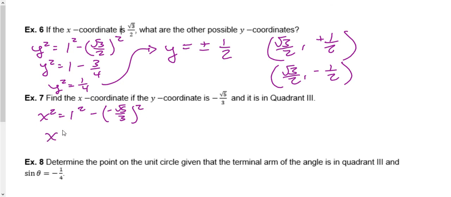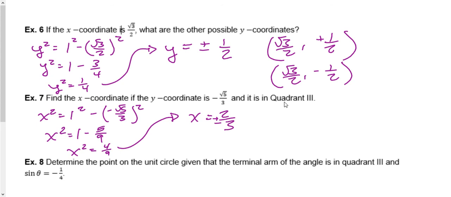So x squared here is equal to 1 minus, well, what is this? This is the same thing as 5 over 9. So I have 5/9, and if I subtract that, x squared is equal to 4 over 9. And of course, if we square root both top and bottom, x is equal to 2 over 3, positive and negative, because we square rooted a variable.